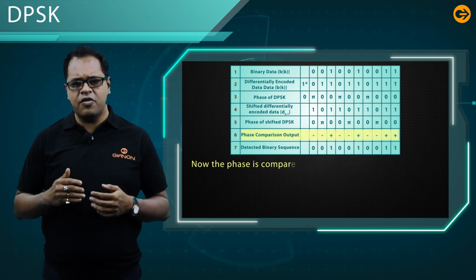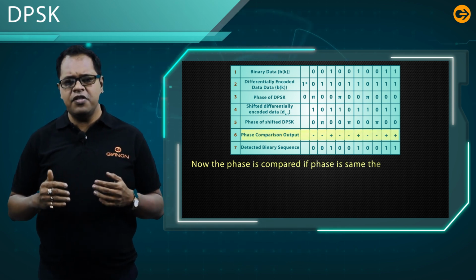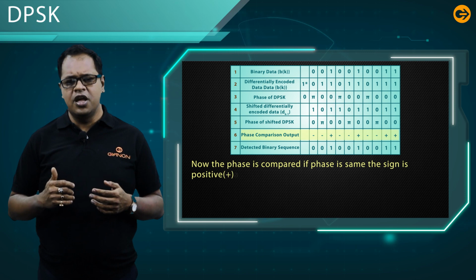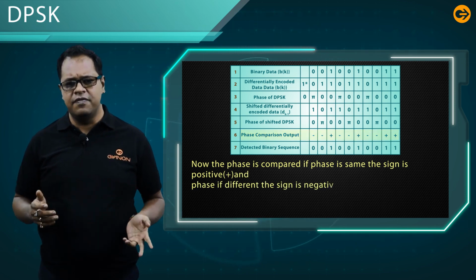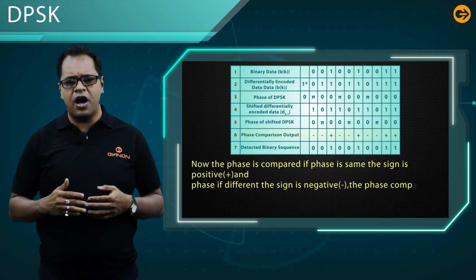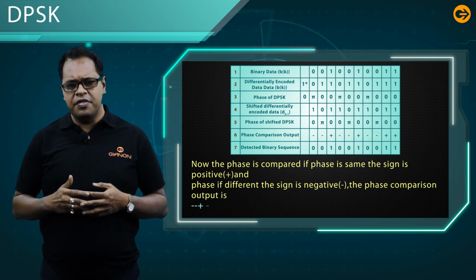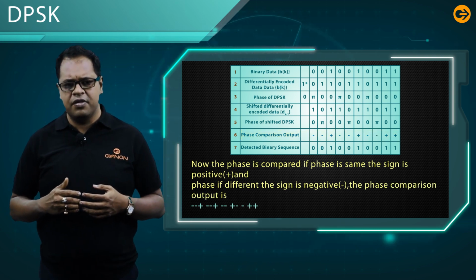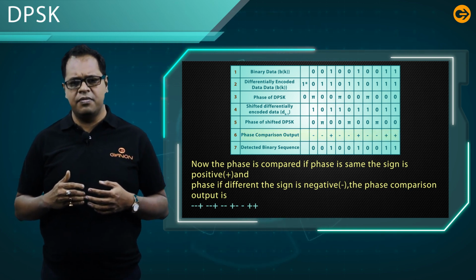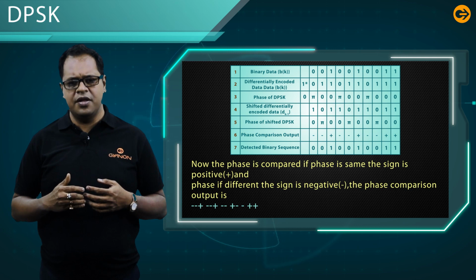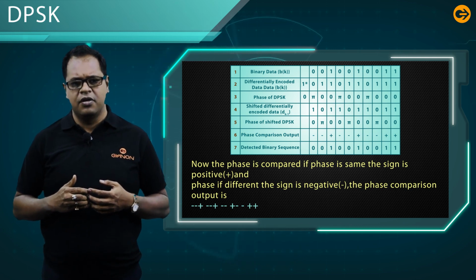Now, the phase is compared. If the phase is the same, the sign is positive, and if the phase is different, the sign is negative. The phase comparison output is minus, minus, plus, minus, minus, plus, minus, minus, plus, minus, minus, plus, plus.